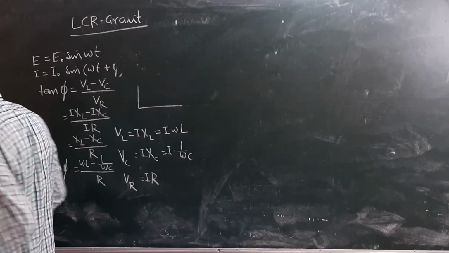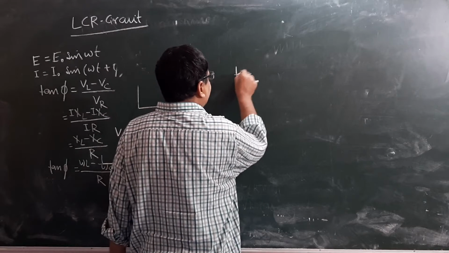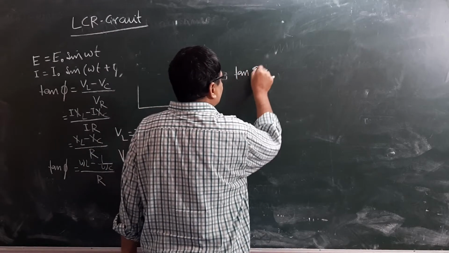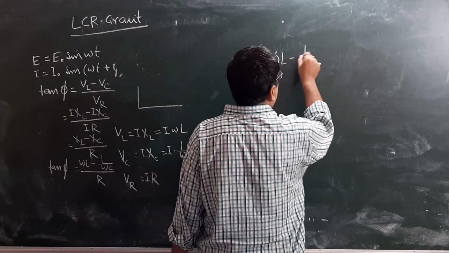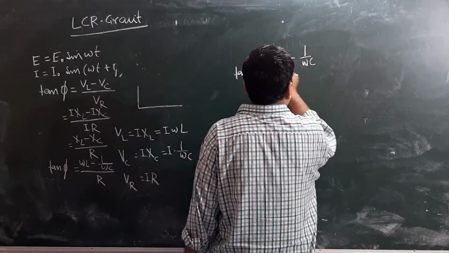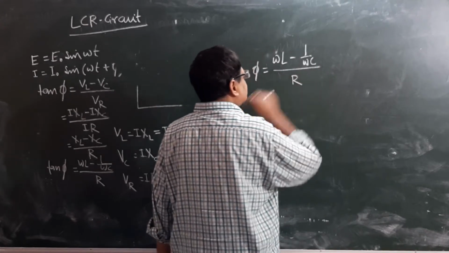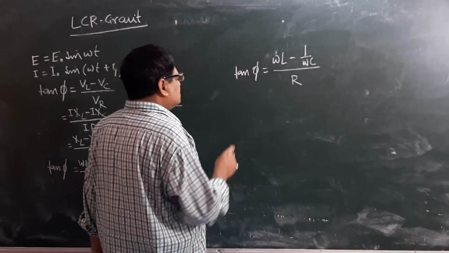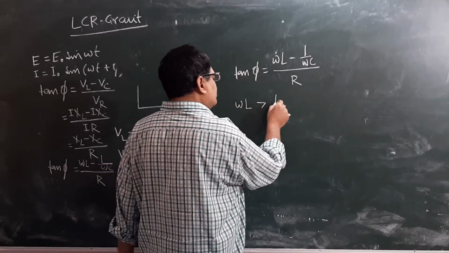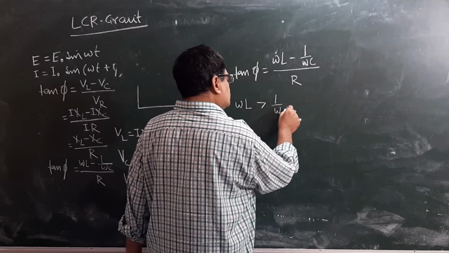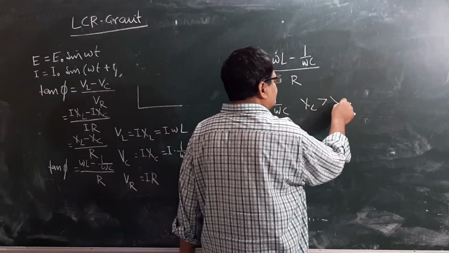Some special cases. I have written here that tan phi is equal to (omega L minus 1 by omega C) divided by R. Now suppose omega L is greater than 1 by omega C. What I mean to say is, suppose XL is greater than XC.